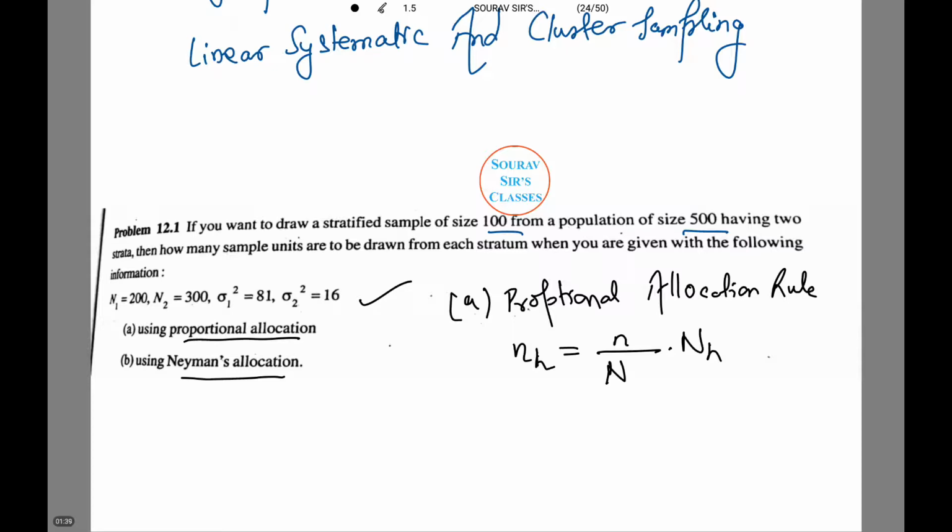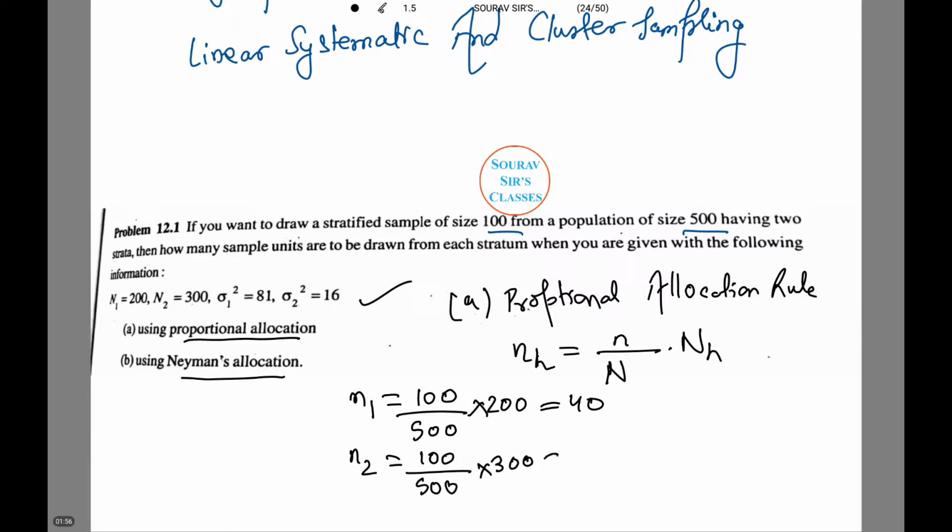Hence, n1 equals 100 by 500 into 200 equals 40, or n2 equals 100 by 500 into 300, which equals 60. That is, under proportional allocation, 40 units are to be drawn randomly from stratum 1 and 60 units are to be drawn randomly from stratum 2.